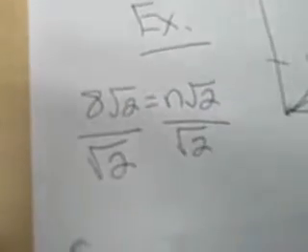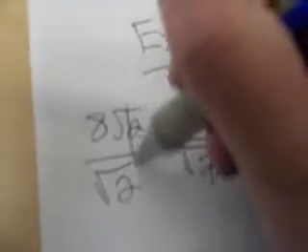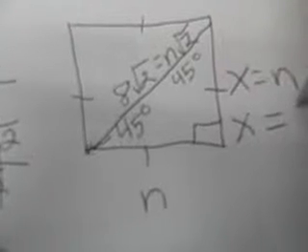To solve that for n, I want to divide by the square root of 2 on both sides, which makes these cancel out, and I'm left with 8 is equal to n. Back on my picture, that means that x is equal to 8.